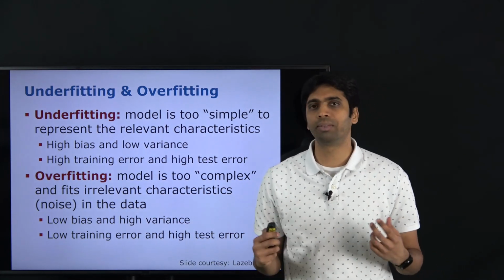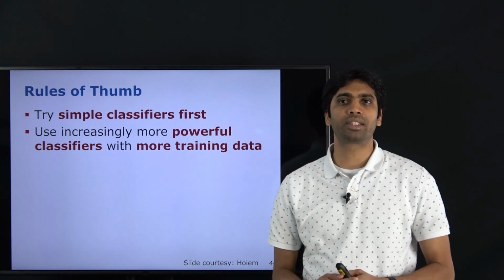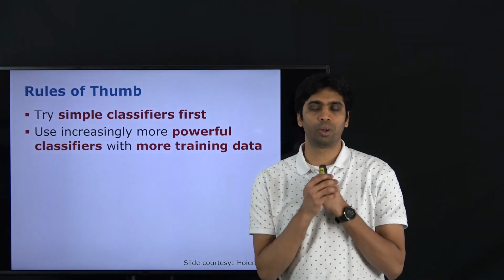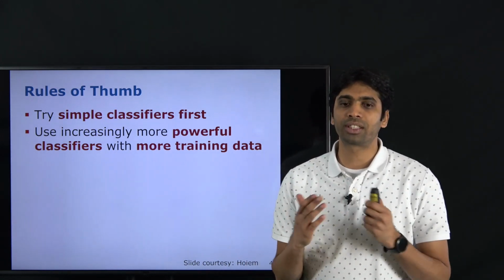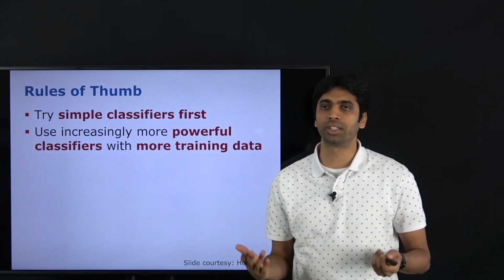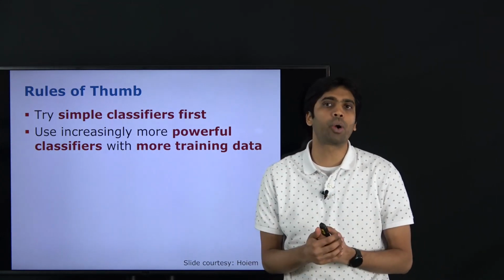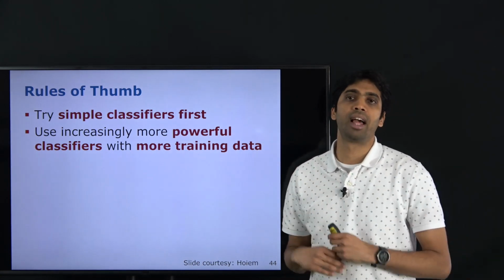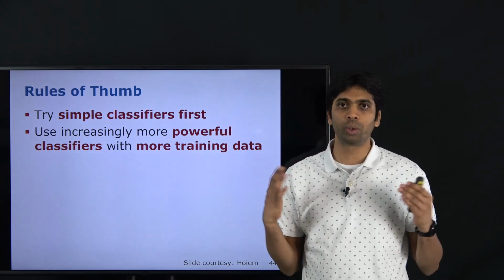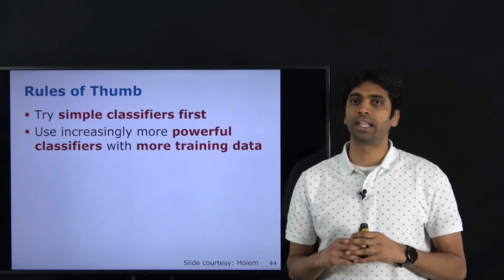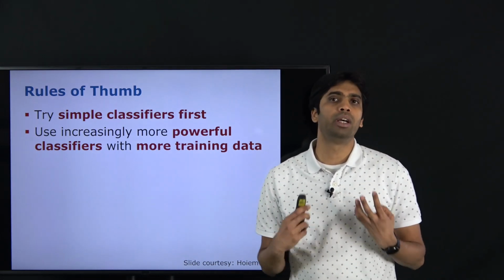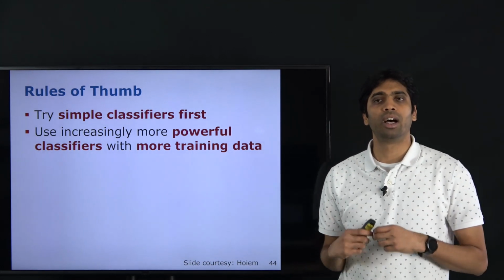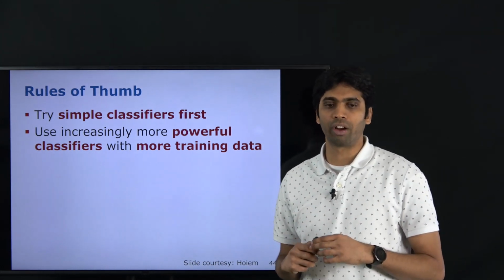And there are some rules of thumb which of course help us determine this. For example, one way is to start with simple classifiers first. In the example that I showed, this might be starting with straight lines, then moving to parabolas, then moving to more complex representations, and figuring out which one gives us the best bias variance trade-off.